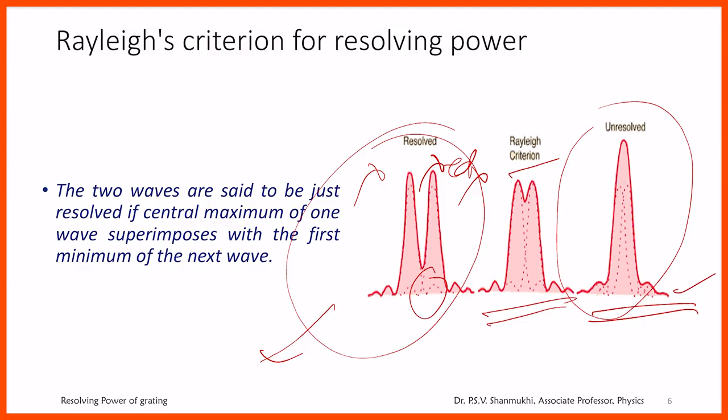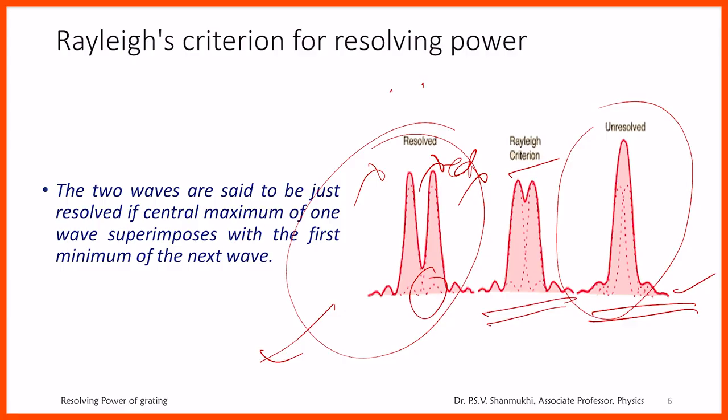Central maximum of one wave, first minimum of the next wave. These two are superimposed, so automatically we say that the two wavelengths are resolved. Then if the two dots are there, they are resolved by the instrument, and we can see those two objects as separated objects. Otherwise, those two merge together and seem to be just one dot.